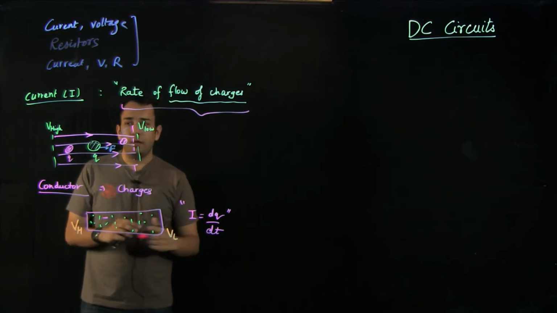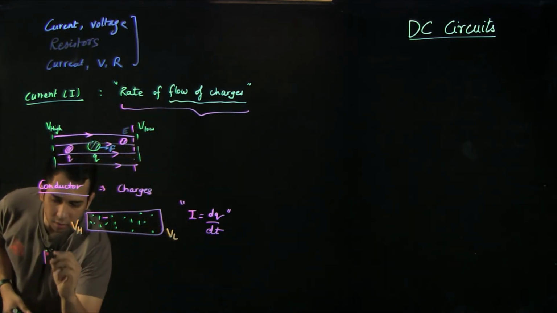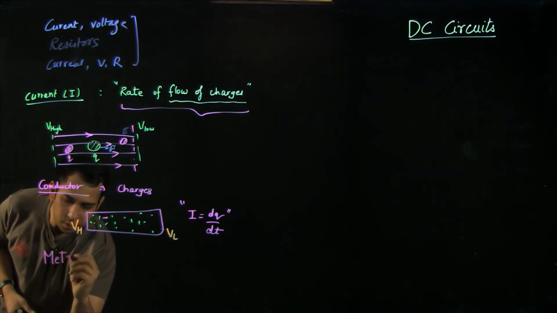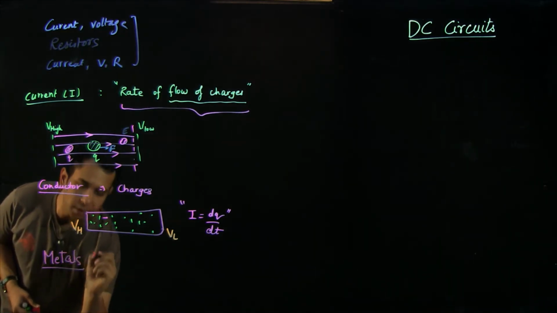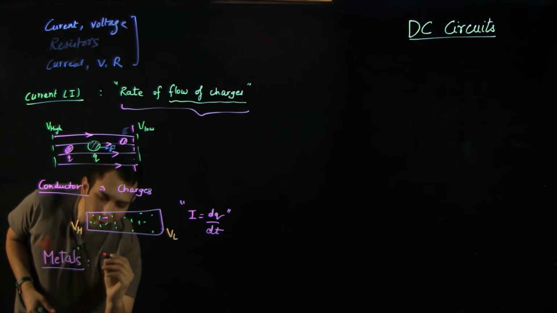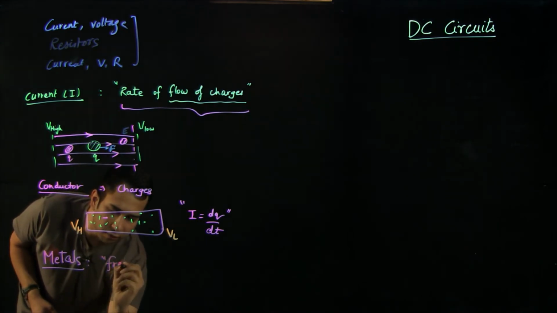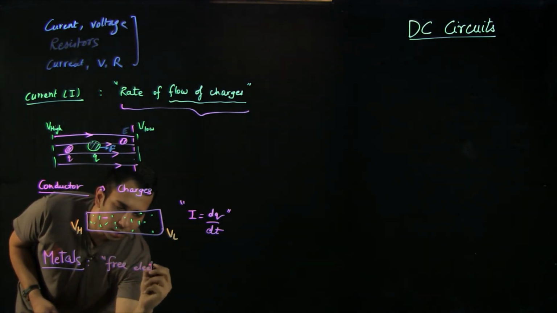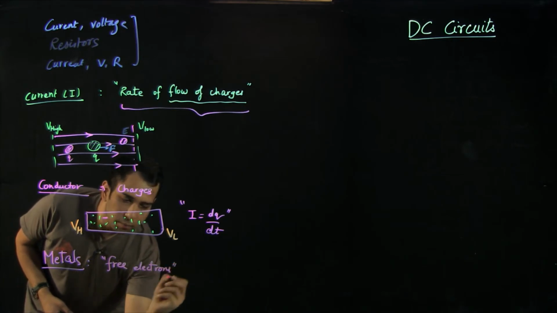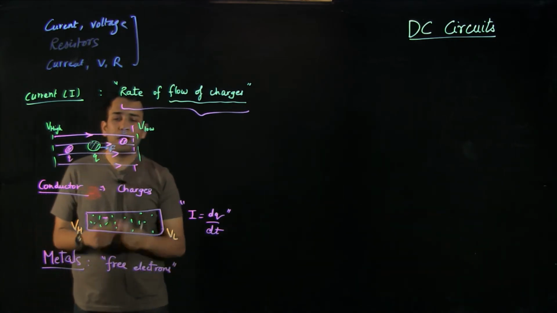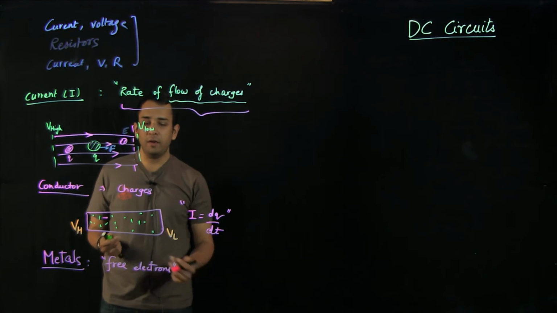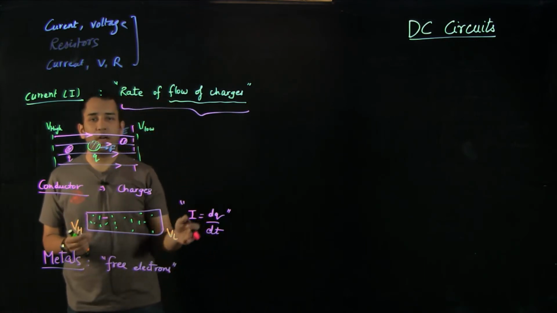Talking with respect to this chapter, we know that metals are a type of conductor, and the property of metals is that they have free electrons. By free electrons we mean that whenever an electric field or a potential difference has been given, they are free to move in that electric field.